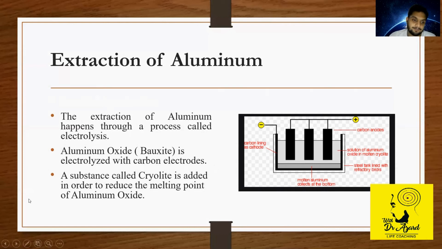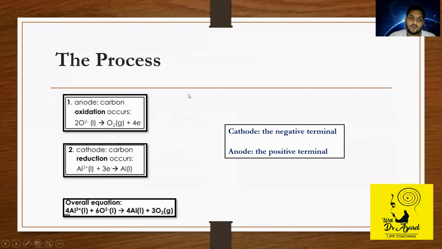All right. So let's talk about the process now. You need to remember that there will be basically two reactions. A reaction will take place at the anode, and a reaction will take place at the cathode. What is this anode and cathode? To remind you again, cathode is the negative terminal, and anode is the positive terminal.